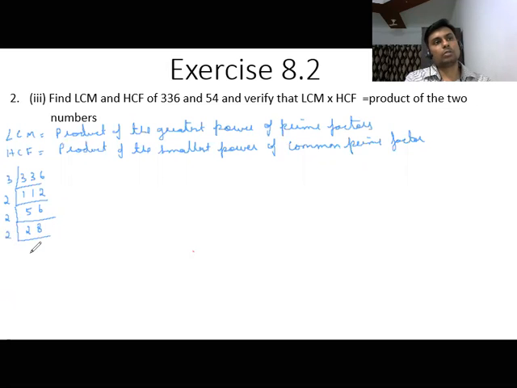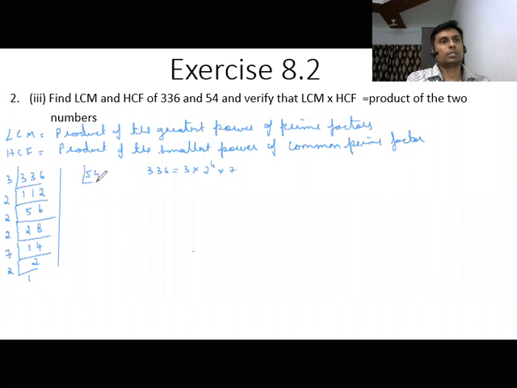Again 2. 2 14s are 28, 2 sevens are 14. 7 twos are 14. 7 ones are 7. So I can express 336 as 3 into 2 power 4 into 7. That is 336.